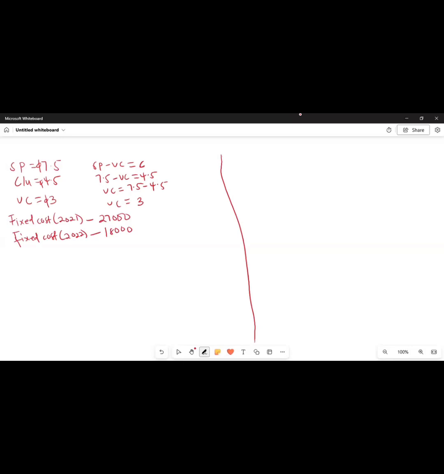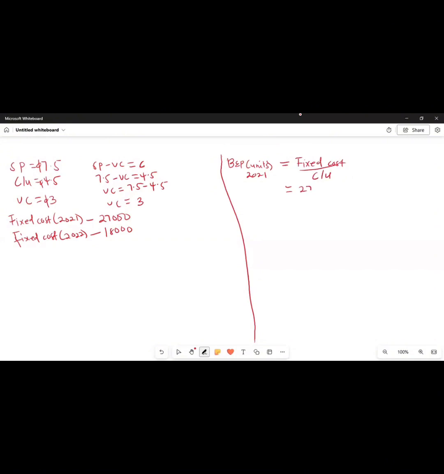In 2021, first let's put our formula, break even point in units. Always remember to put your formula. So the break even point in units is our fixed cost divided by our contribution per unit.